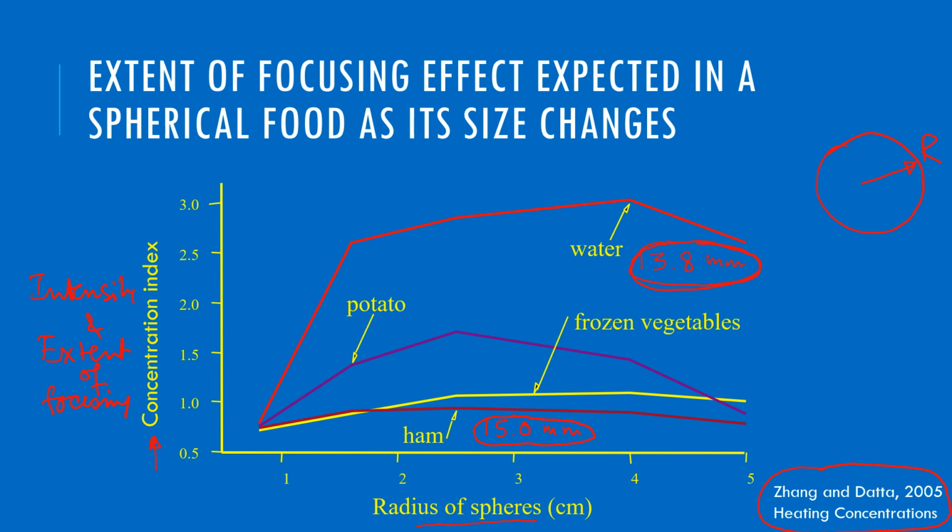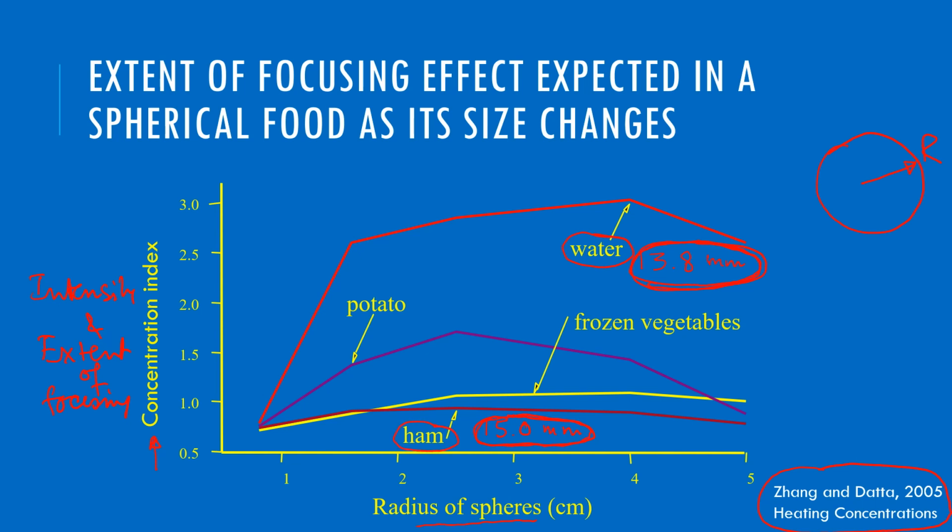So it has been shown that the wavelength in the food has a lot of influence on the focusing effect. The smallest wavelength shows the most amount of focusing, and that is for water, whereas the largest wavelength has the least amount of focusing.